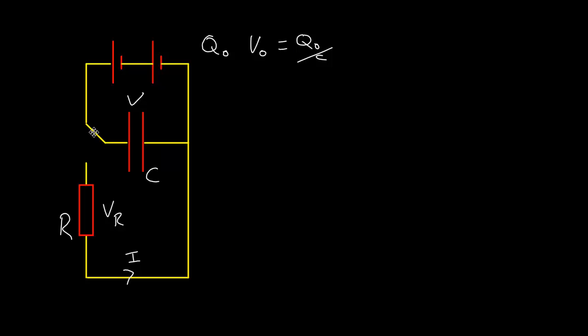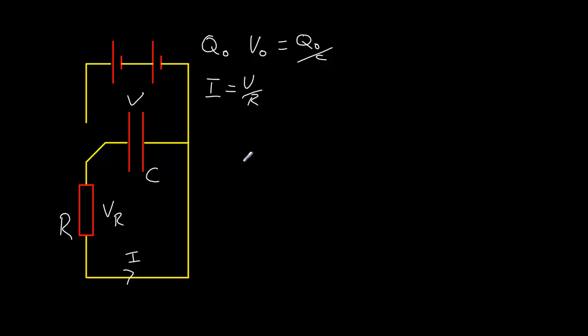Now, when we flick the switch over, the discharging process is going to begin. Suppose at a time t, the charge has fallen to Q, and the potential difference is V, and there is a current flowing of I in the circuit, such that the size of the current will equal V over R.